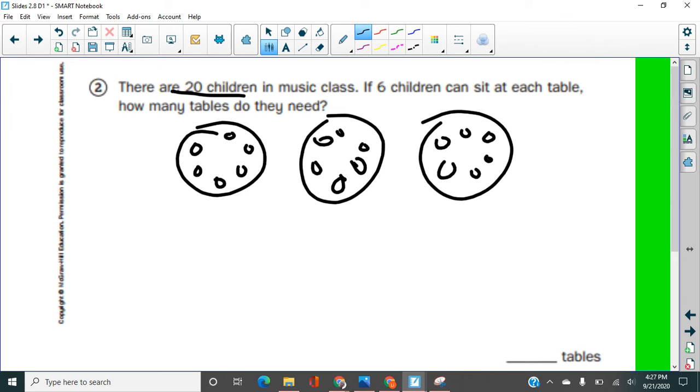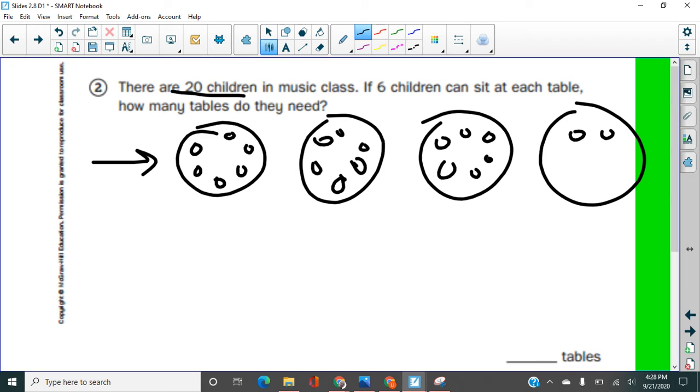We have 18 sitting here at these tables. There's 20 kids. How many kids are not sitting down yet? 2 kids are not sitting down. So what should we do with those 2 kids? Should we send them to the office? Send them home? No, right? What do we need to get? We need to get another table. And only 2 kids are going to sit at that table, and that's fine.